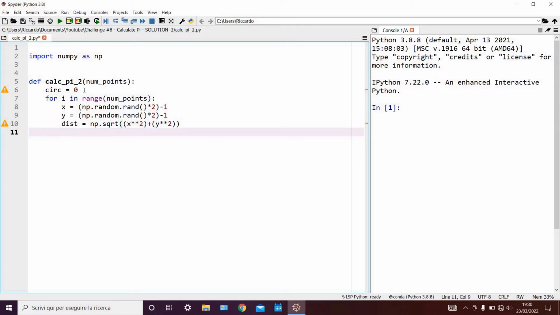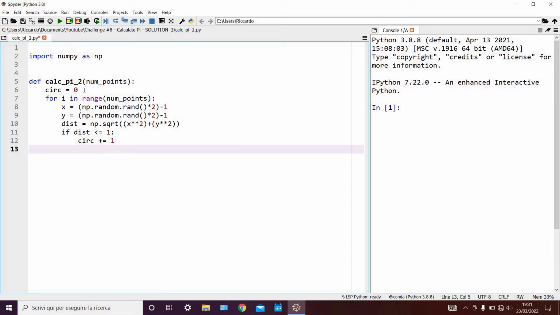And then we can say if dist is smaller or equal to 1, then circ plus equals 1, because we know that our point will be inside of the circle, and therefore we can increment our counter by 1 unit.